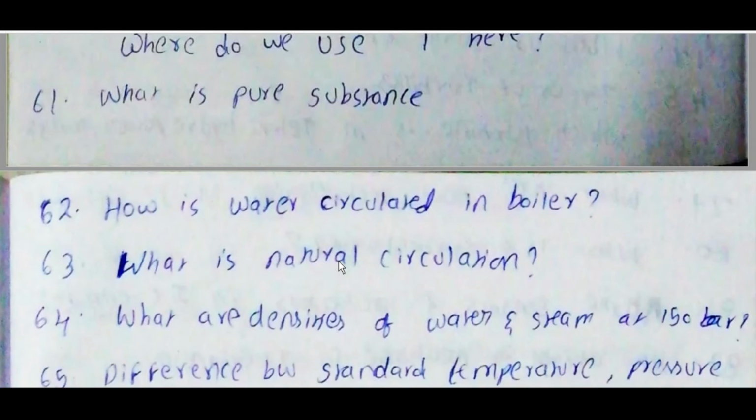Here, circulation of water is by convection currents which are set up during heating of water. The fundamental principle is based on the principle of thermosiphon. In a forced circulation boiler or controlled circulation boiler, a pump is used to circulate water inside the boiler.